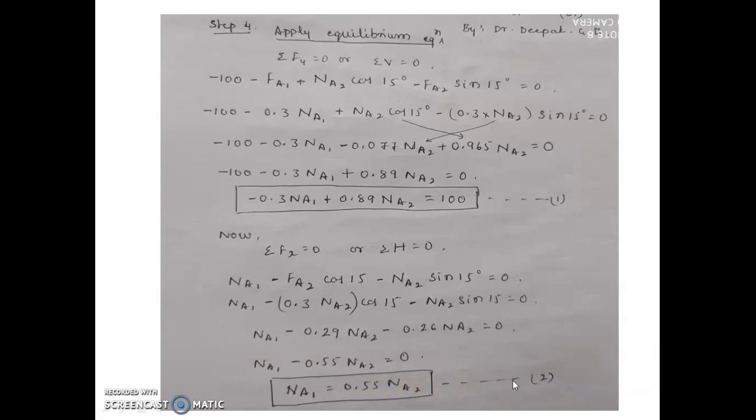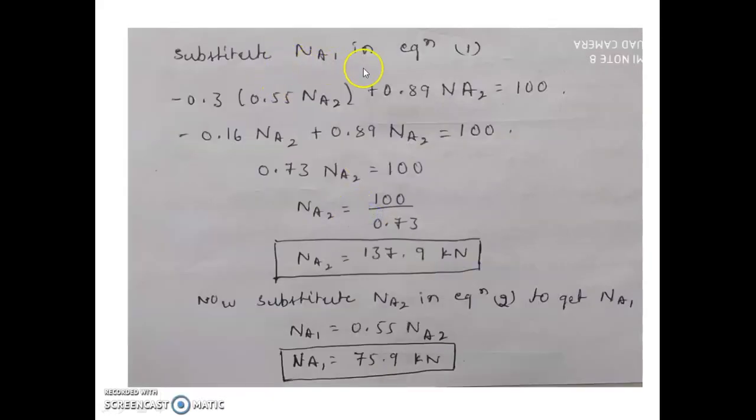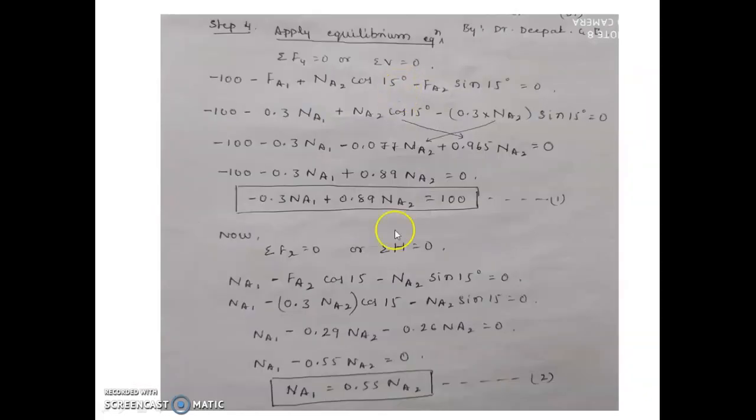Now what I will do is substitute this Na1 in equation 1 to obtain Na2. I am substituting the Na1 value, that is 0.55 Na2, in this equation.